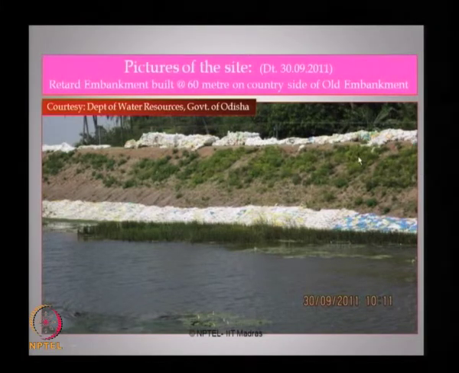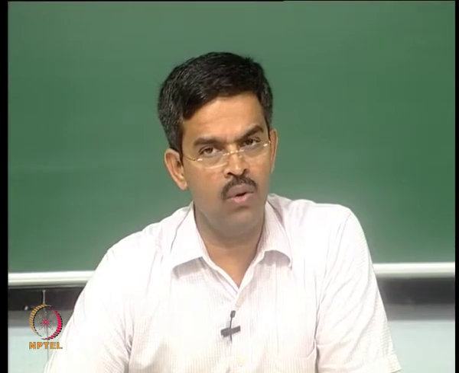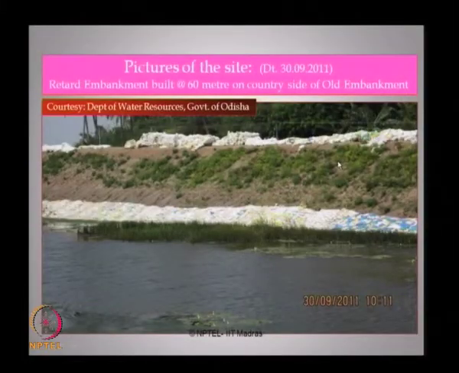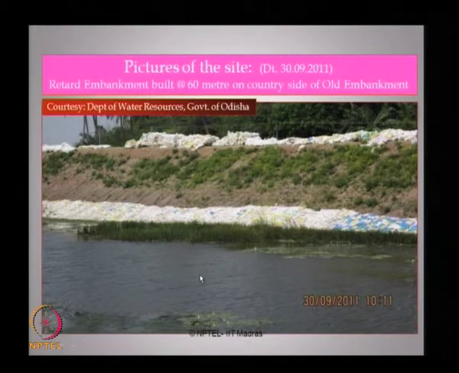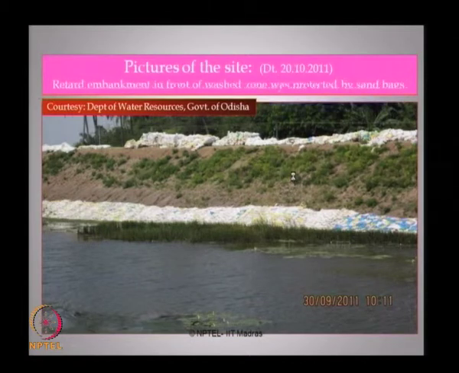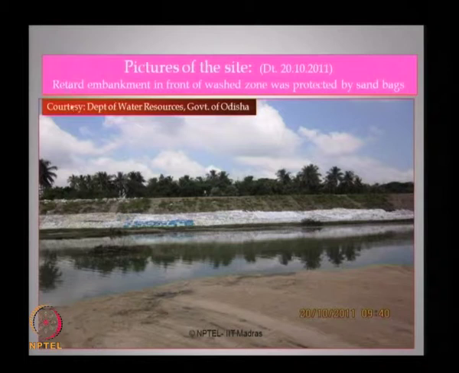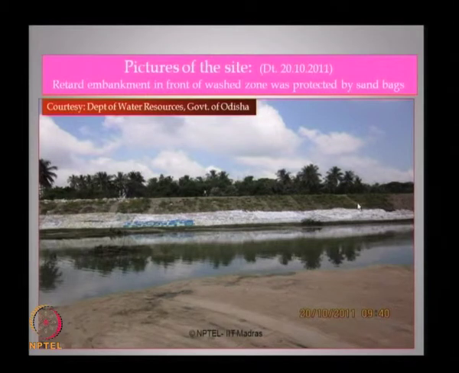Ladies and gentlemen, it is very interesting for us to academically know that this kind of treatment of embankments is not worthy for the specific site, because the erosion in this particular site is very severe, as a result of which the retired embankment constructed was completely washed away, even though it was protected by sandbags.